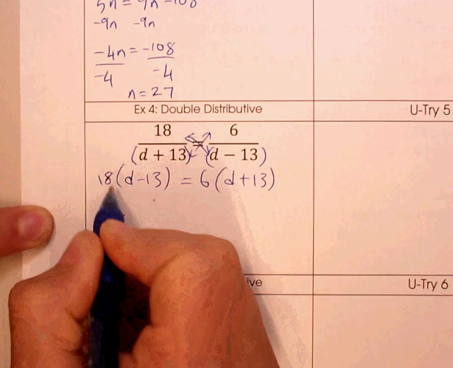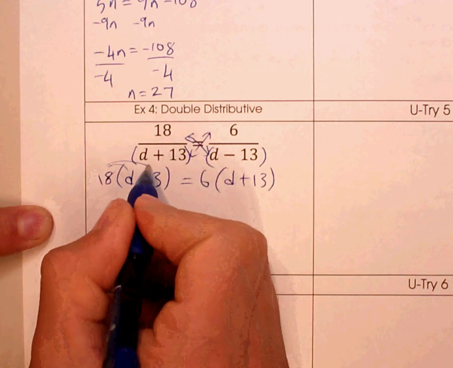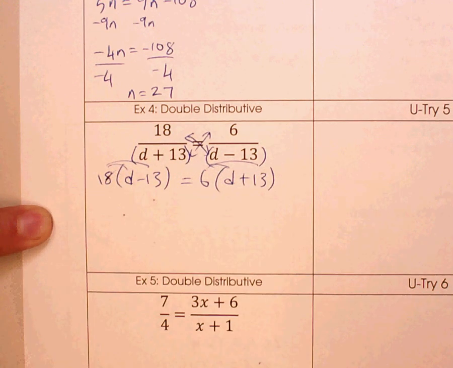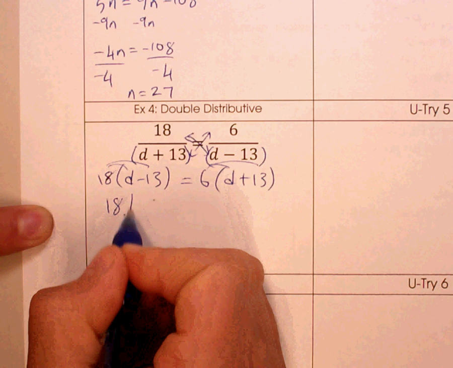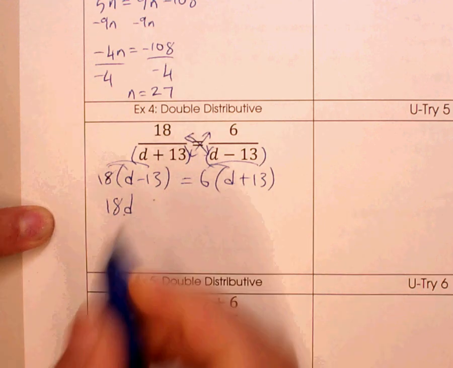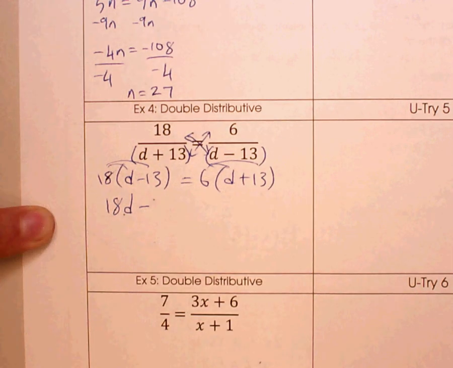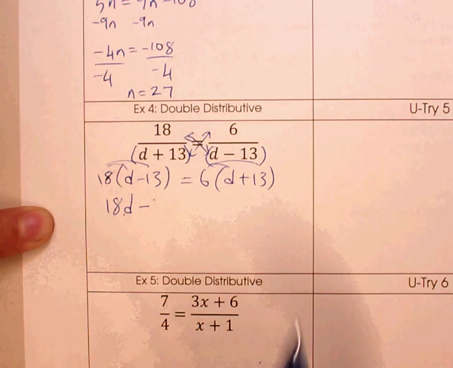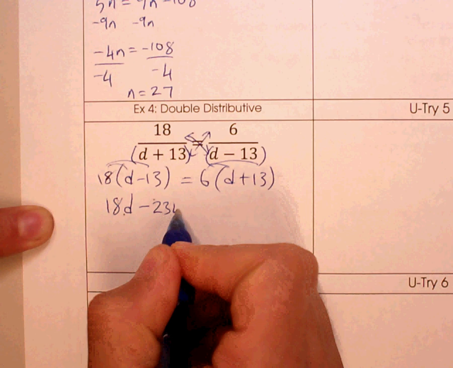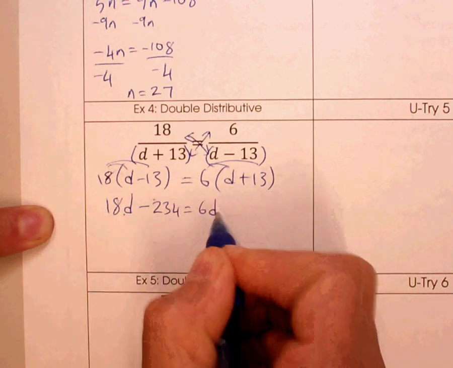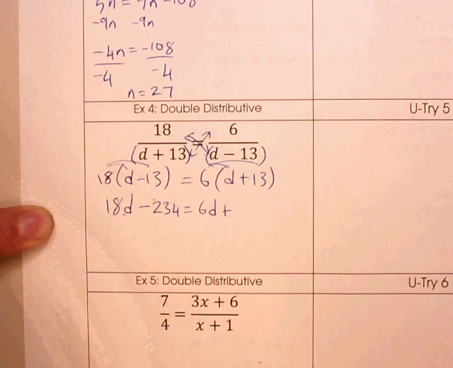Now I can do my distributive property. Distribute. We will have 18d minus 18 times negative 13, that's 234, equals 6d plus 6 times 13 is going to be 78.